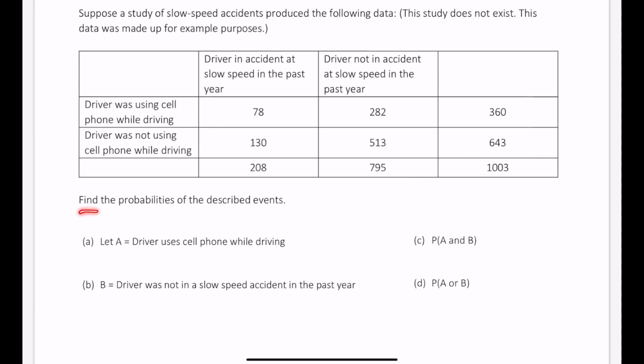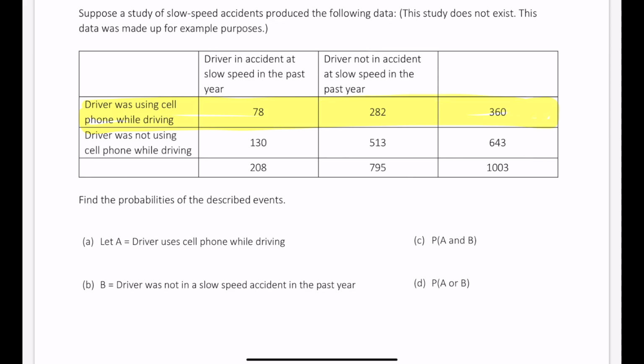Actually, we're going to look at all the parts and find the probabilities for each, but let's start with part A. Part A, event A is driver uses cell phone while driving. Well, here we have driver uses cell phone while driving. That is this entire row.